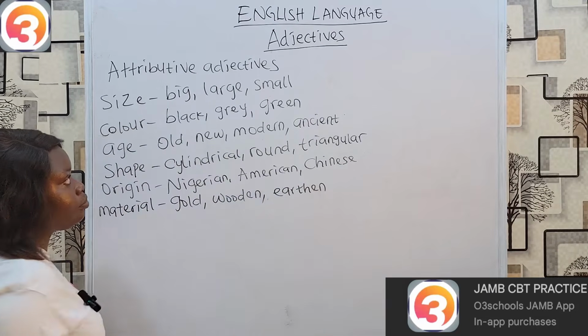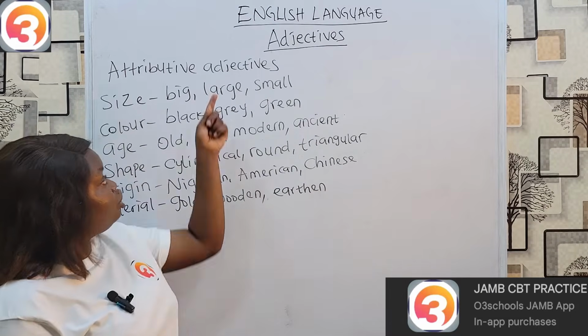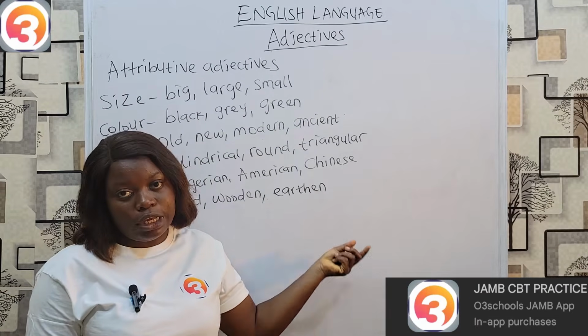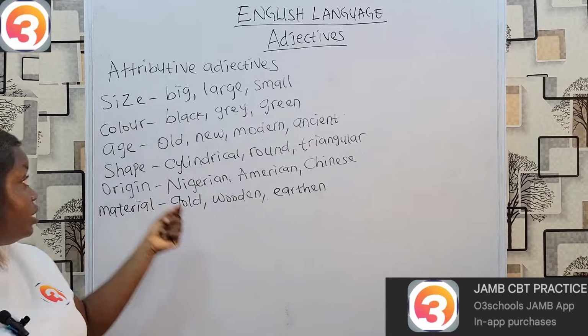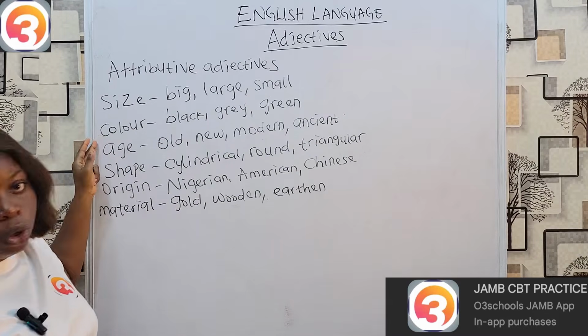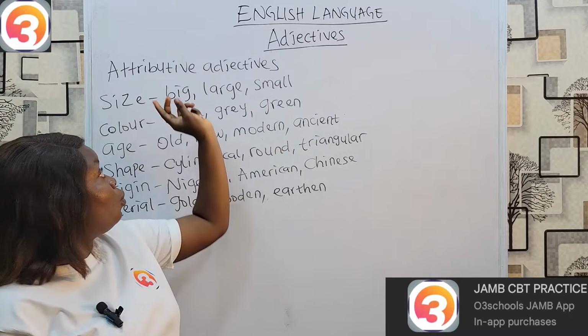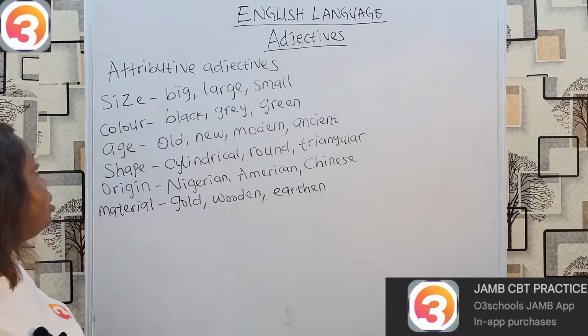It's still an attributive adjective because it's still describing a specific quality of that noun. So whether the adjective is talking about the size, the color, the age, shape, origin, or material that noun is made of, we classify all of that as attributive adjectives.